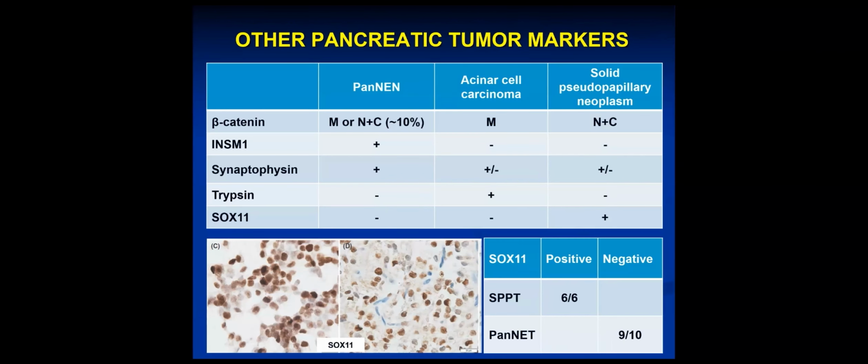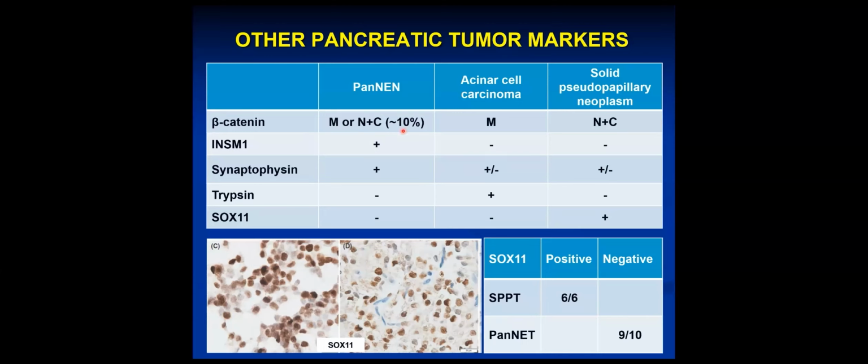Additional pancreatic tumor markers include beta-catenin, neuroendocrine markers, trypsin, and SOX11, which can serve as a sensitive marker for solid pseudopapillary neoplasm. Among these markers, beta-catenin staining is nuclear and cytoplasmic, which is positive in solid pseudopapillary neoplasm.